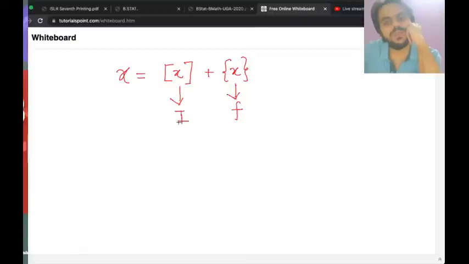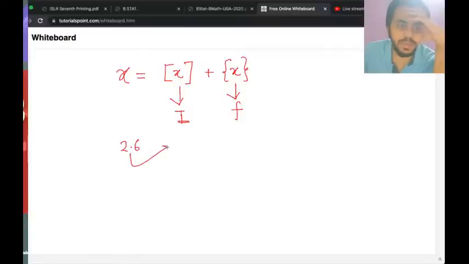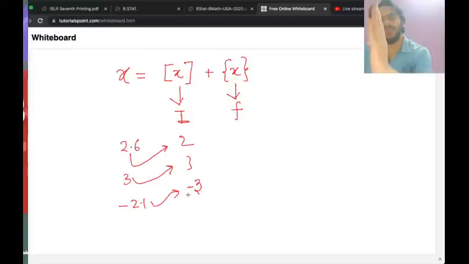If I have to give you what the integral part is, let's say your number is 2.6, so the integral part will become 2. If your number is 3, the integral part will be 3. If your number is minus 2.1, your integral part will be minus 3, because I have to take the number which is smaller than or equal to this number, but is an integer.